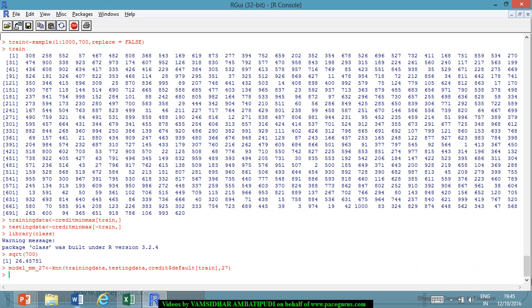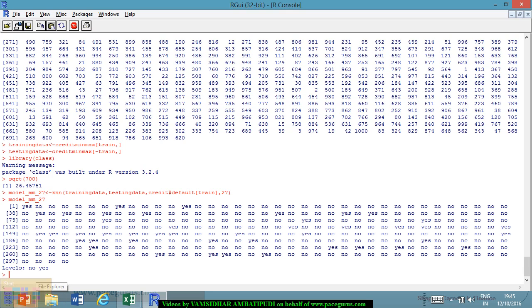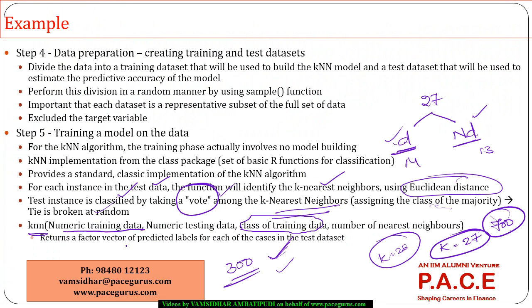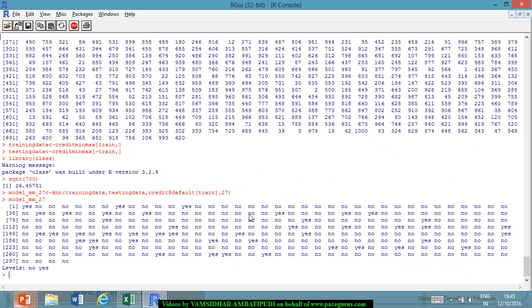Now if you simply type model_mm_27 to see what this model has created, it has finally given me the 300 outcomes. Some of them are coming out as yes, some of them as no. It's a factor vector of predicted labels for each of the cases in the test data set.